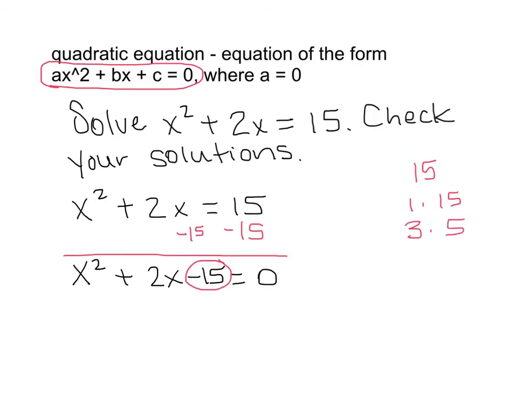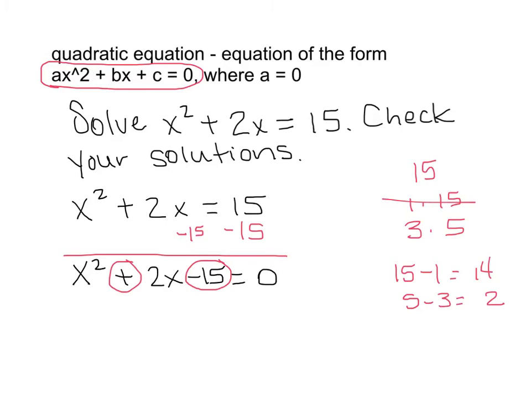Now our middle term is positive, so let's go with the larger term being positive. 15 minus 1 is 14, so that's not going to work. 5 minus 3 gives me positive 2. So those are the two terms that we're going to use to factor and to solve this equation.